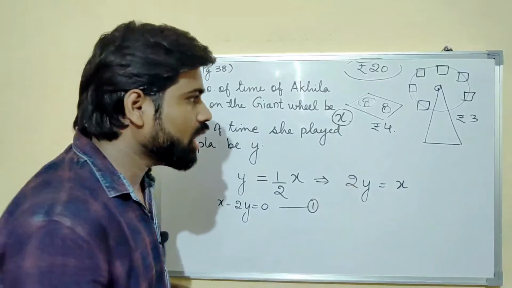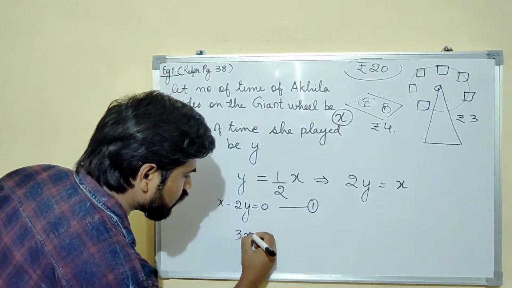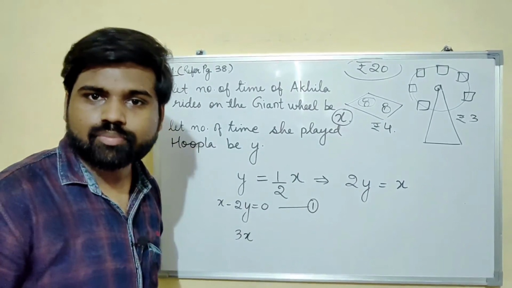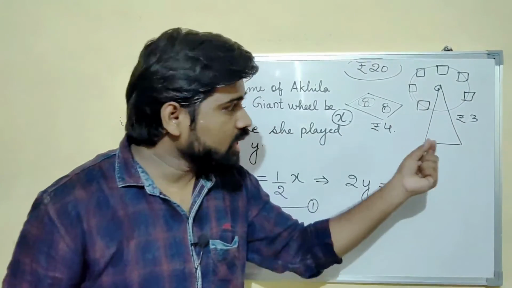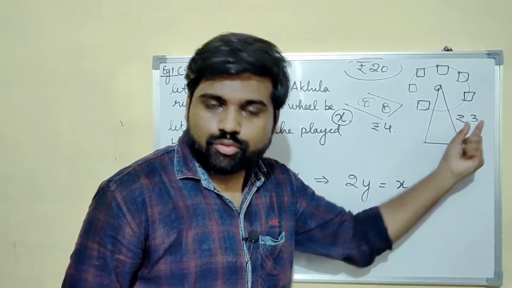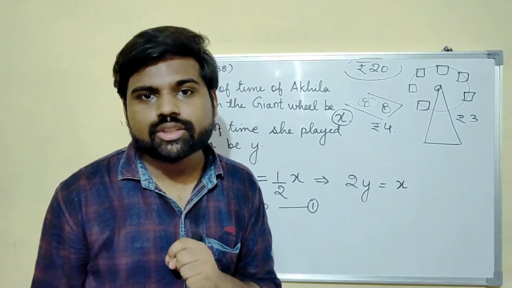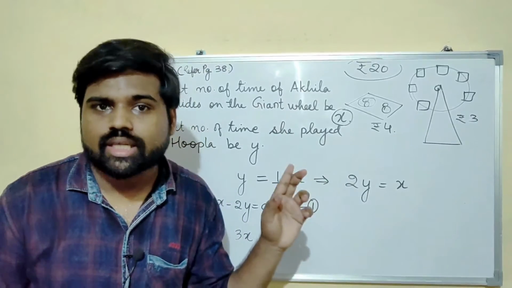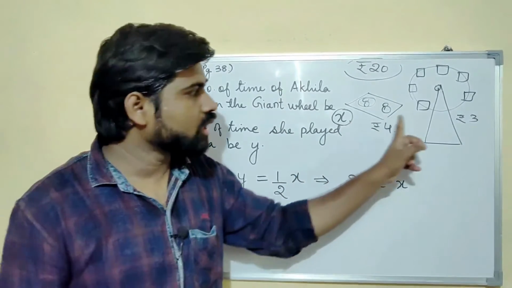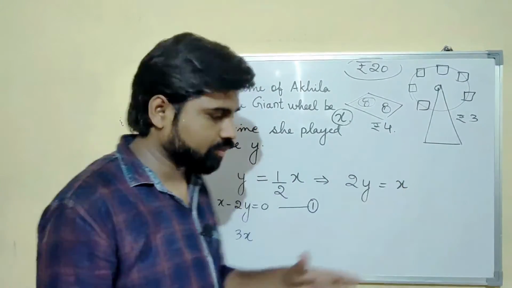That means she has to pay 3x for the giant wheel, right? Let me reiterate. This is rupees 3 for one ride. How many rides did she do? She rode x times. The cost will be 3x.